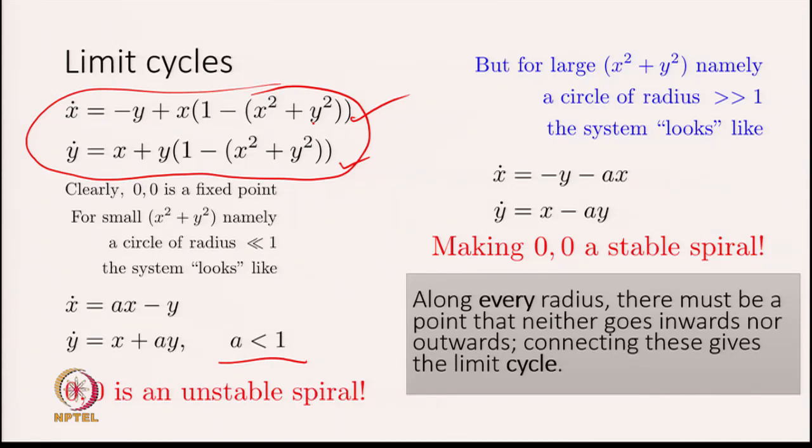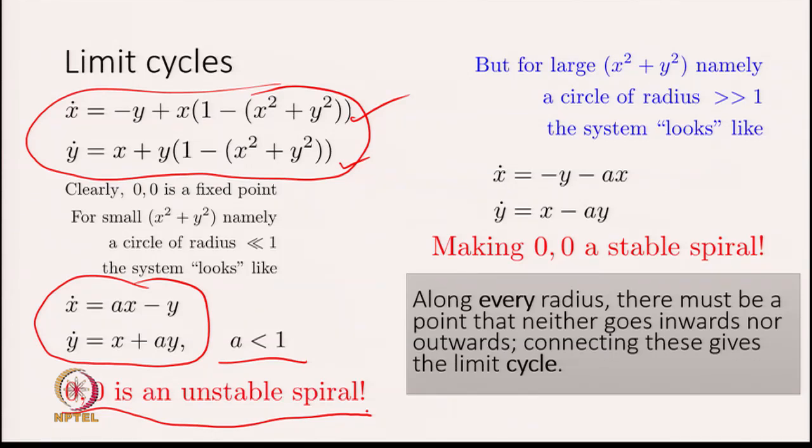So, we choose r squared to be less than 1, and you find that 0, 0 is an unstable spiral.